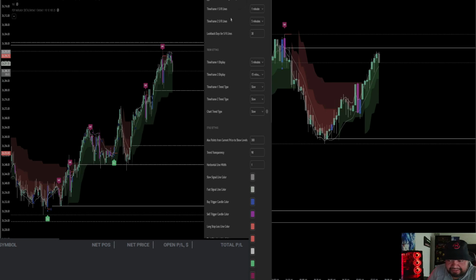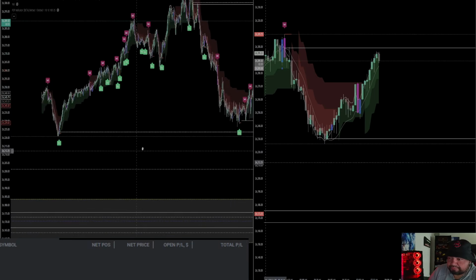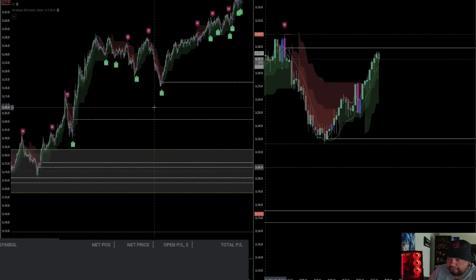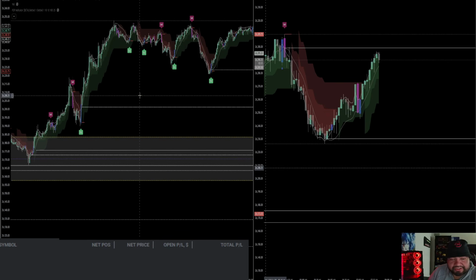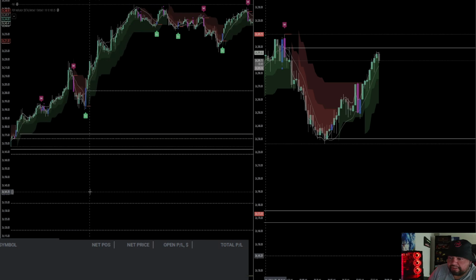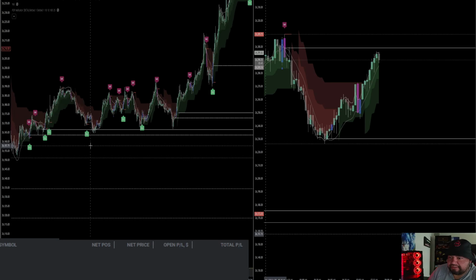Those things that create these levels, if you zoom out, you start seeing when they form and they hold where they tend to go. Let me move this for now. You'll see stuff like this.